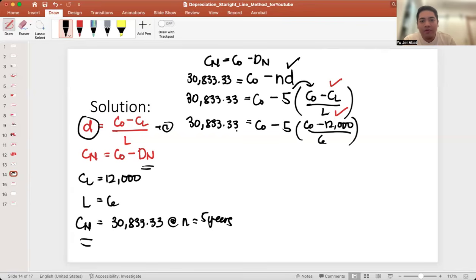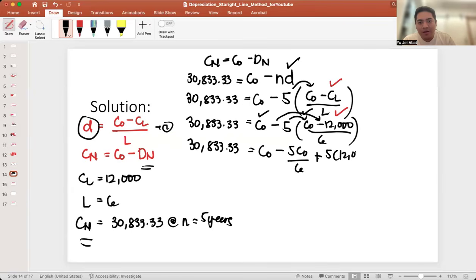Now you are left with an equation with one unknown, which is C sub O. You can also use shift solve. We have C sub O, then multiply it here: negative 5 C sub O all over 6. And then negative times negative here would be positive 5 times 12,000 all over 6.